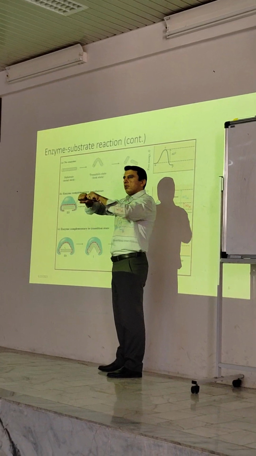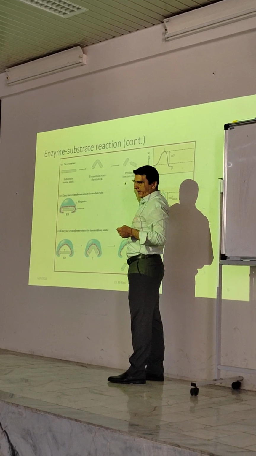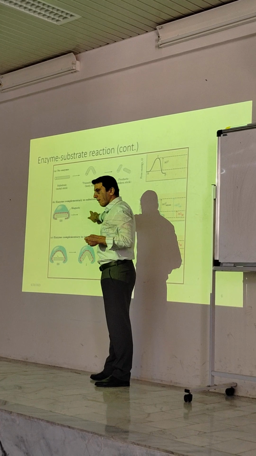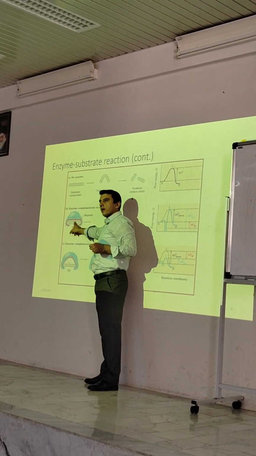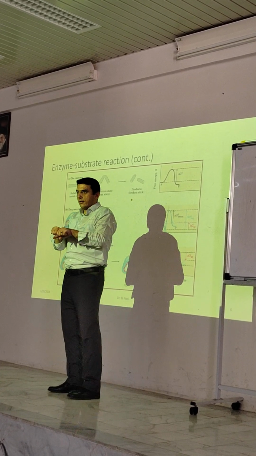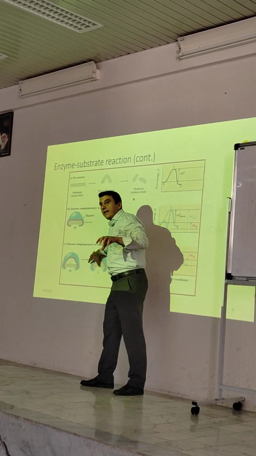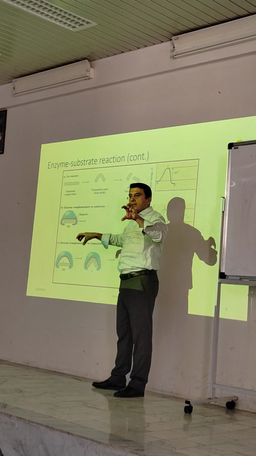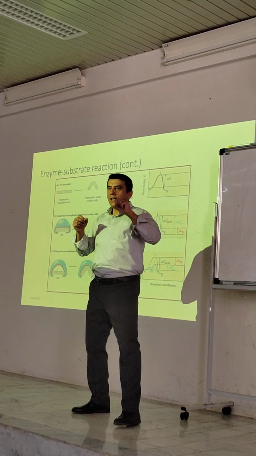You need some time, you need energy, activation energy, and finally you have products. With enzyme, we have two hypotheses. The first is that enzyme and substrate are complementary to each other. But the next one is that the enzyme is complementary to the transition state.